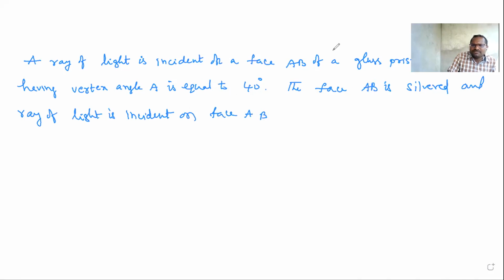Yeah, here face AC is silvered, not AB. Face AC is silvered and the ray of light is incident on face AB, such that it retraces its path.